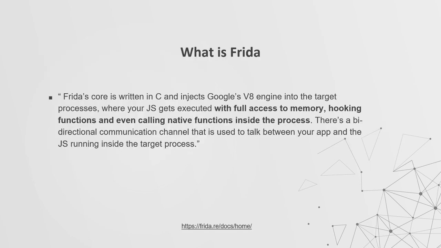So here's a little bit more information about Frida according to the official documentation. Frida's core is written in C and injects Google's V8 engine into the target processes, where your JavaScript gets executed, and I stress here, with full access to memory, hooking functions, and even calling native functions inside the process.